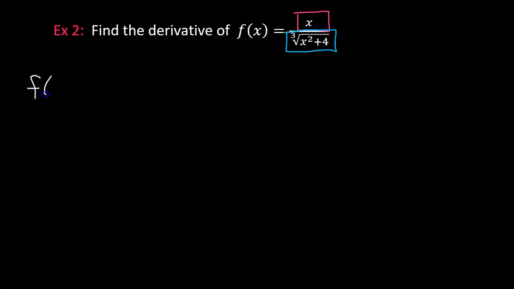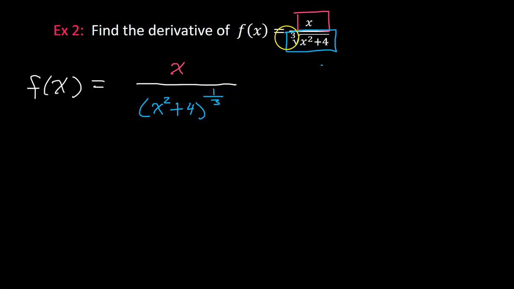So for now, we still have f of x, and our top function is x. But let's look at our bottom function as x squared plus 4 to the 1/3 power, because we know that the 1/3 power is the same thing as cube root.